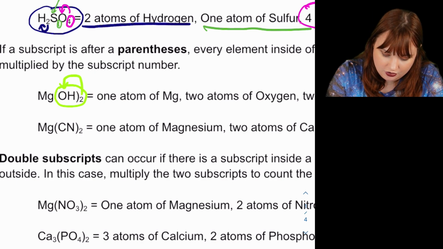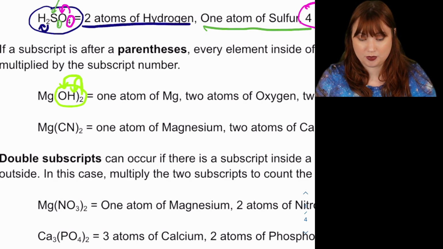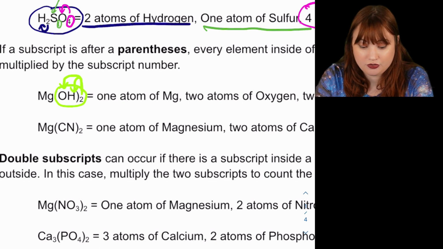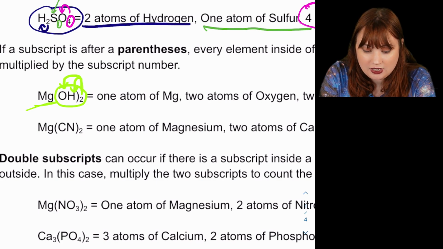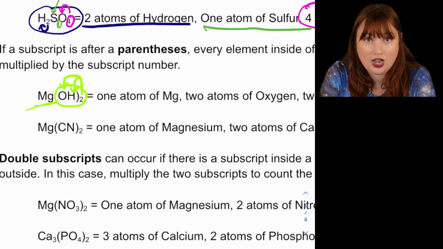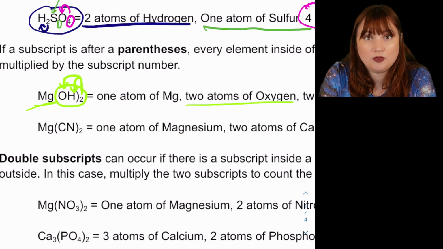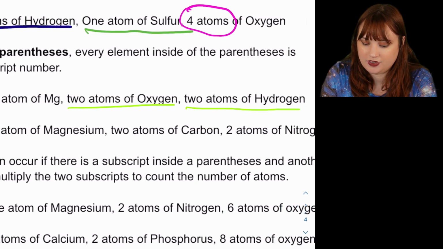So that number 2 means we're going to multiply everything inside of the parentheses by 2. So in this molecular formula, we have just 1 magnesium. There's no number next to it. The 2 outside of the parentheses multiplies the oxygen, O, so we have 2 atoms of oxygen. It also multiplies the H for hydrogen, so we have 2 atoms of hydrogen.